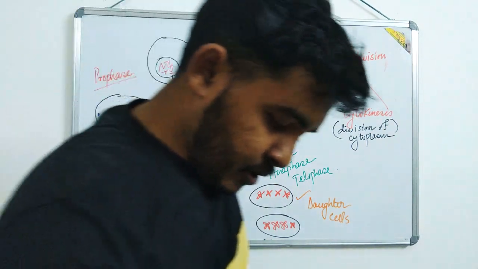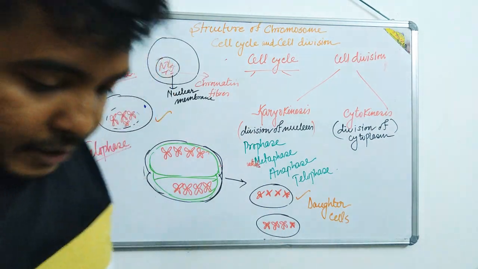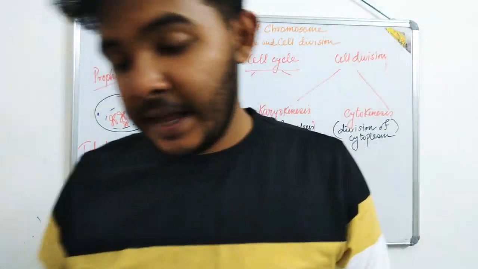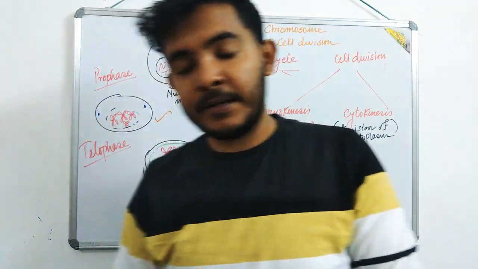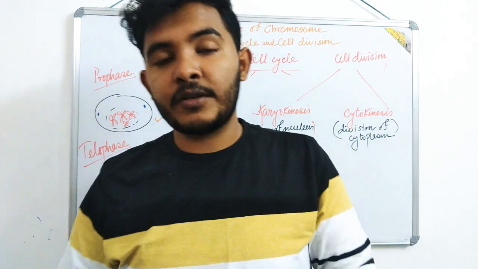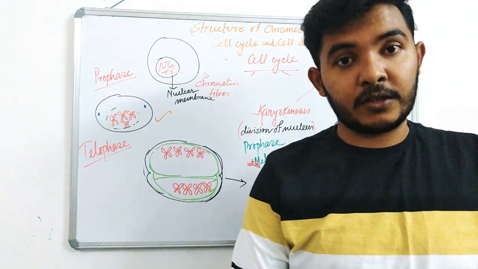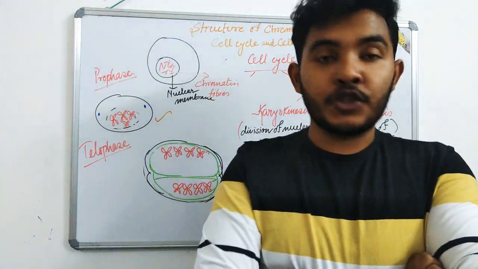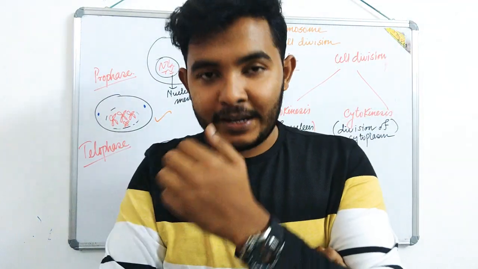One more thing: the main difference between mitosis and meiosis is that mitosis generally happens in the somatic cells, and meiosis happens in the reproductive cells. The main significance of mitosis is that it gives you the chance of repairing lost cells. Suppose you have a cut or injury, those cells need to be grown again so that repair is done.